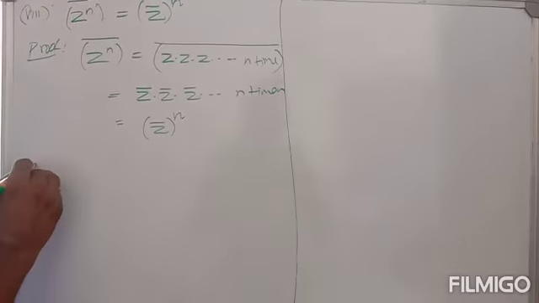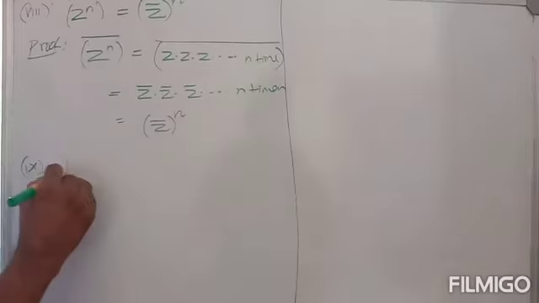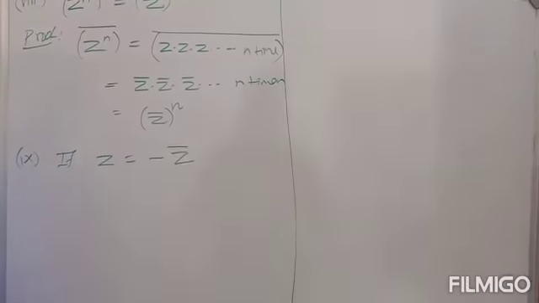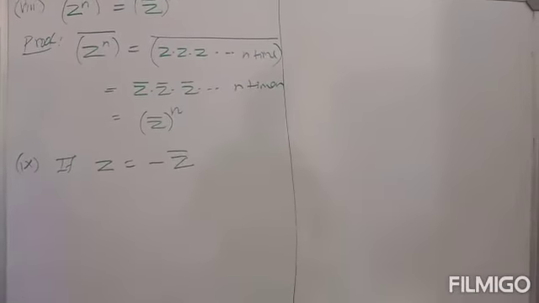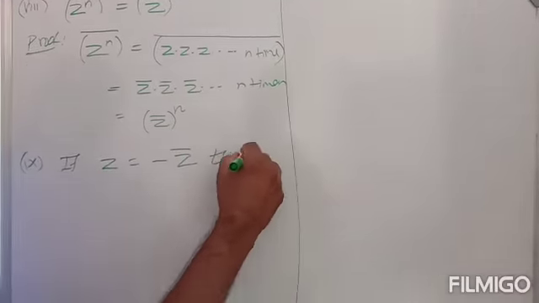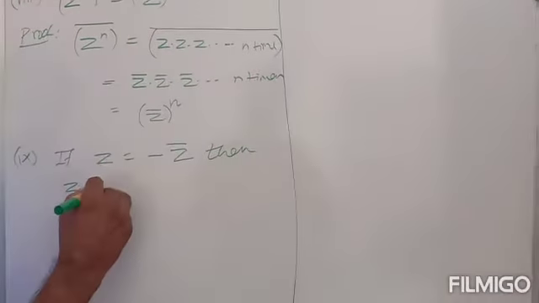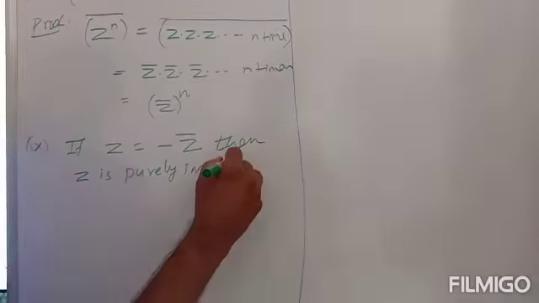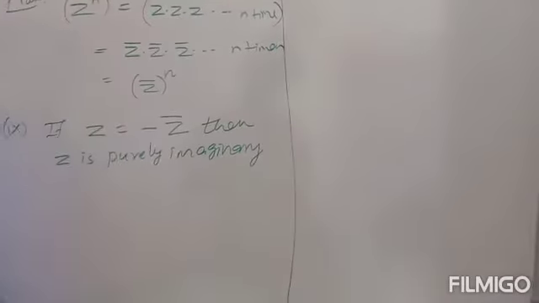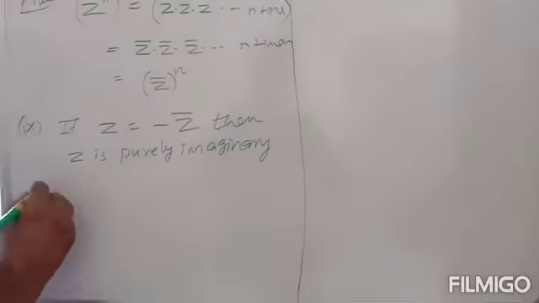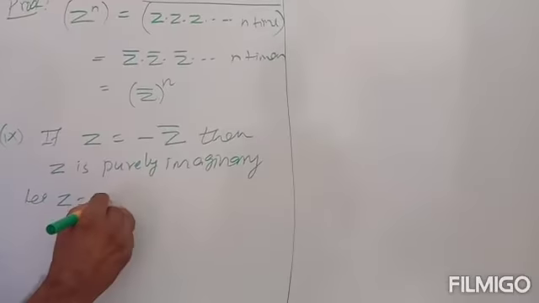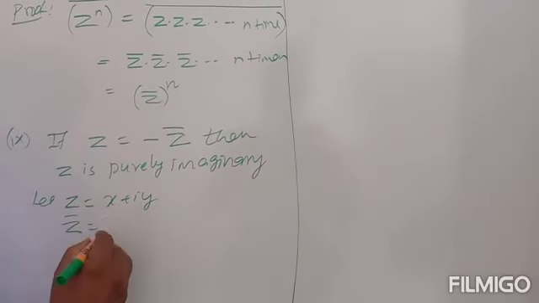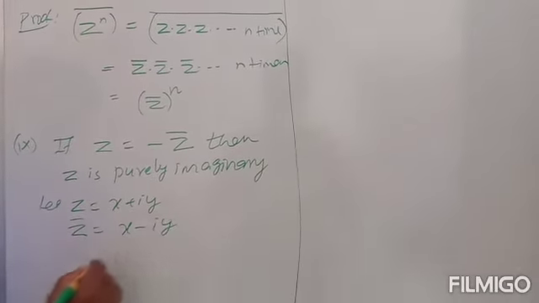Next, property number 9. If z is equal to minus z bar, then z is purely imaginary. Let z is equal to x plus iy. z bar is equal to x minus iy.